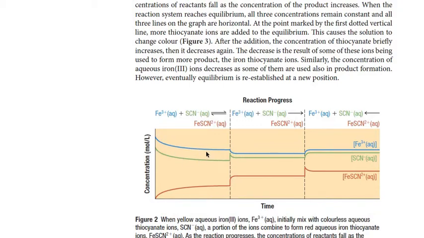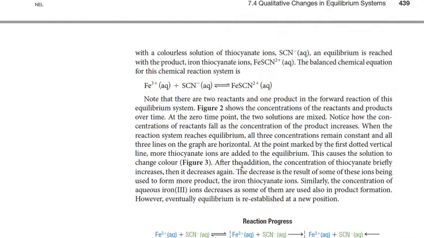These are the reactants, and the product, FeSCN2+, is going up. When this reaction system reaches equilibrium, all three concentrations remain constant and all three lines on the graph are horizontal.